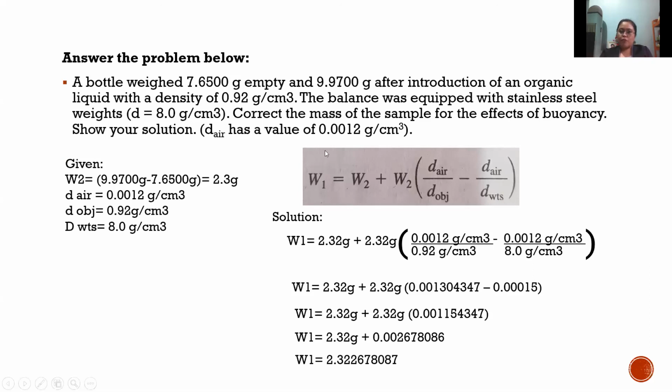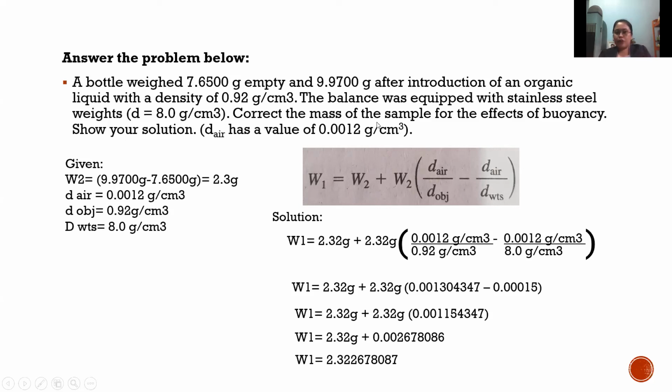So the object here, or the sample, is an organic liquid and its density is 0.92 grams per cubic centimeter. Now, since the weights used in the balance are declared, it's stainless steel for this one and the density is 8.0.